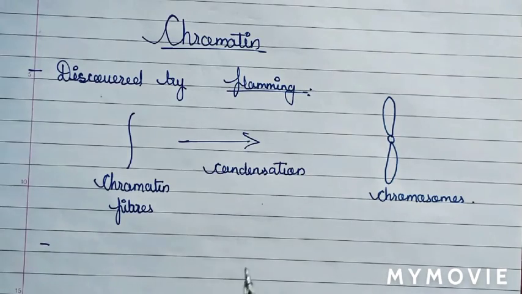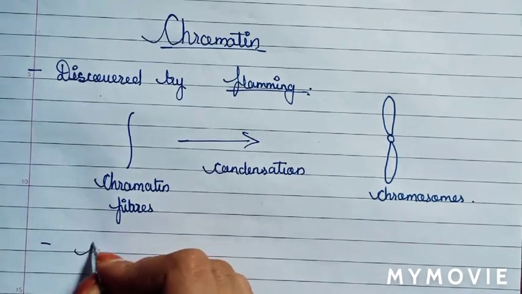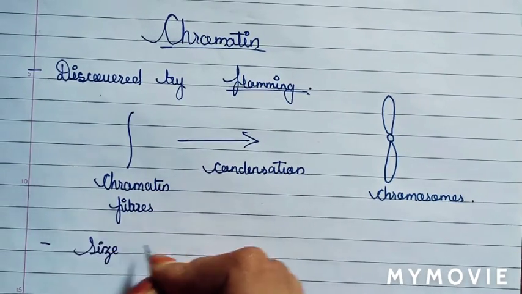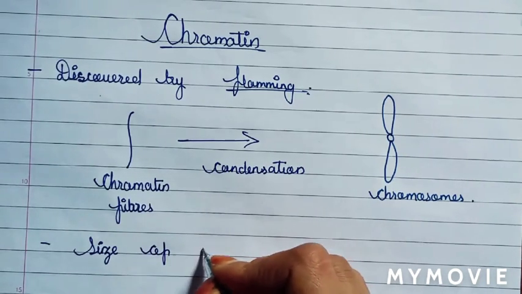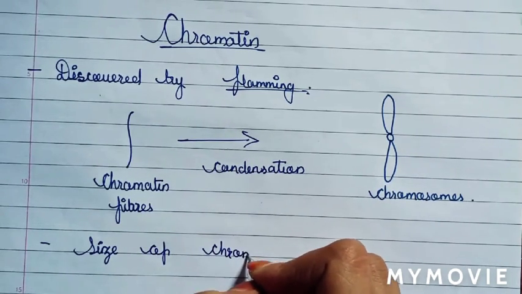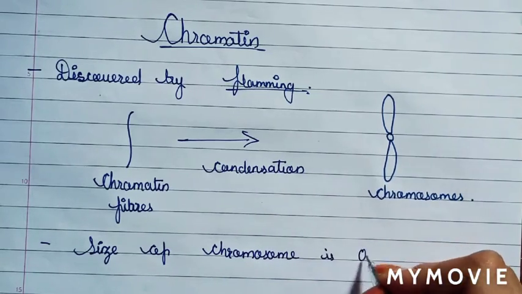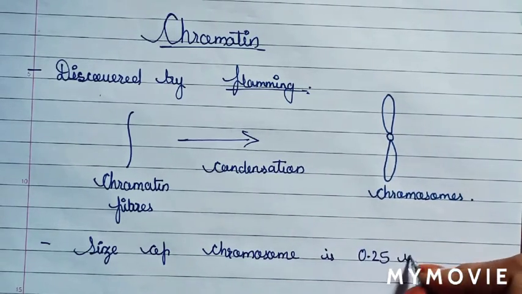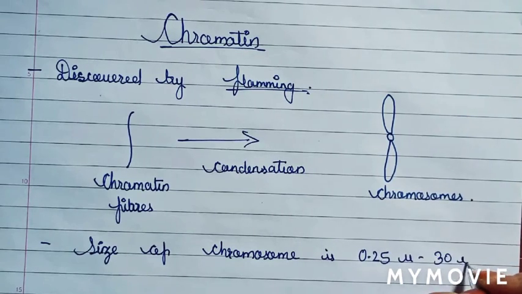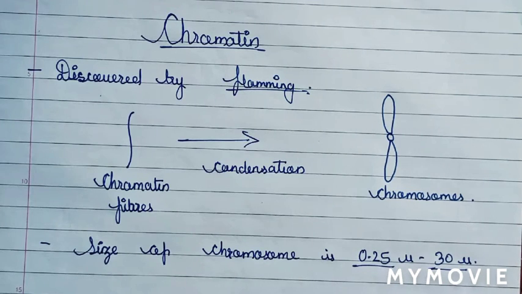Now the size of a chromosome is 0.25 micro to 30 micro, but it varies in different organisms.